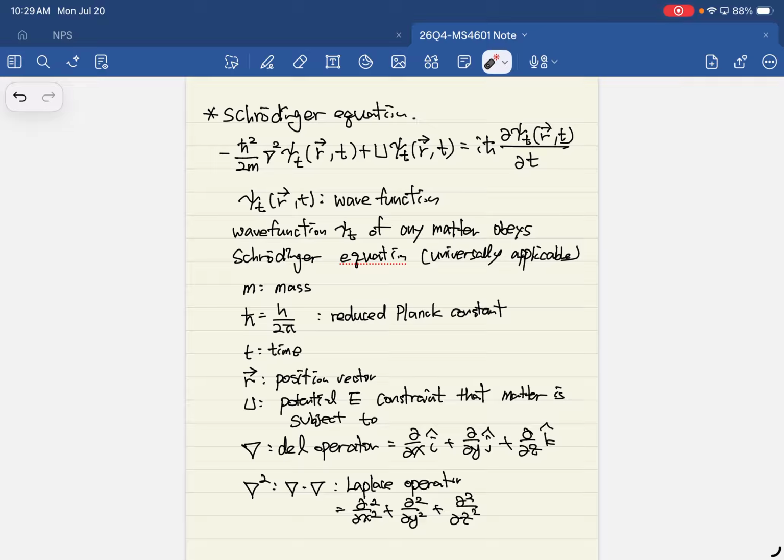So this is essentially a partial differential equation, and in general form it is 3D.